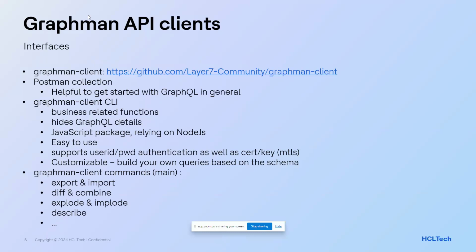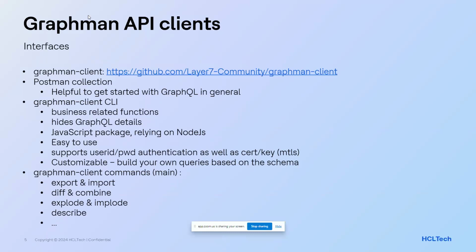So if you have a specific kind of query necessity, you can just write your GraphQL query and use this GraphQL query with the Graphman client as well. Additionally to that, Broadcom provides the ability to provide so-called user exits during the processing of the data in this Graphman client. So you have a great flexibility to influence stuff if you need to, if you want to.